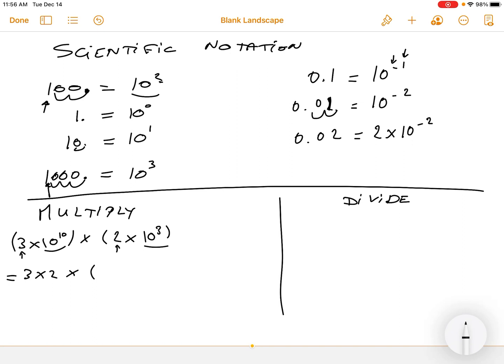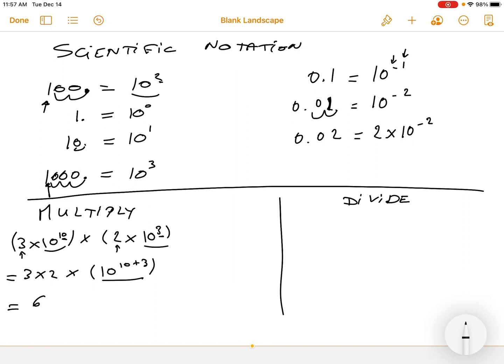And when you multiply scientific notation, what you will do is that you will add the exponents. So you will obtain multiplied by 10 to the power of 10 plus 3. This will give you your new power of 10.